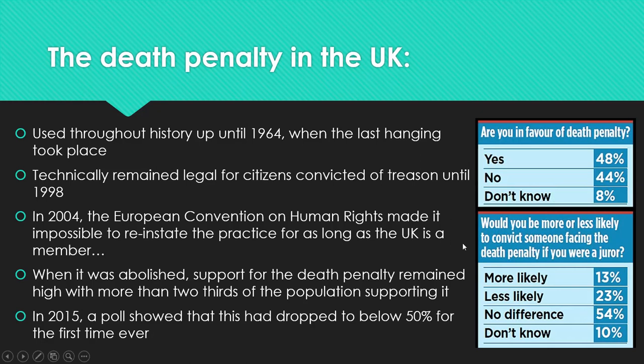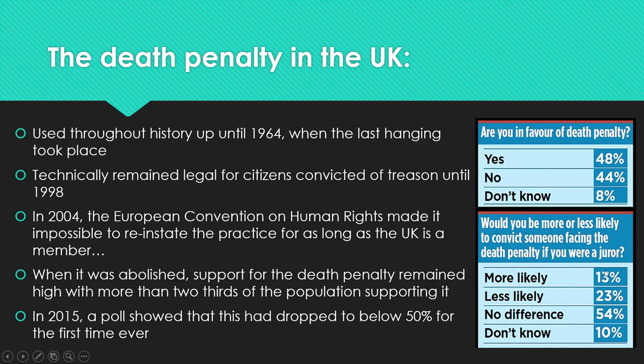Okay, and the next question on these studies was, would you be more or less likely to convict someone facing the death penalty if you were a juror? Okay, so this question means if you were on the jury deciding if they were guilty or not guilty, and you knew that they might face the death penalty, would you be more likely to convict them and find them guilty, or less likely?